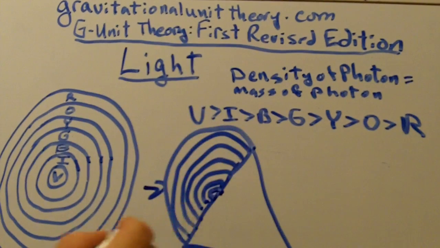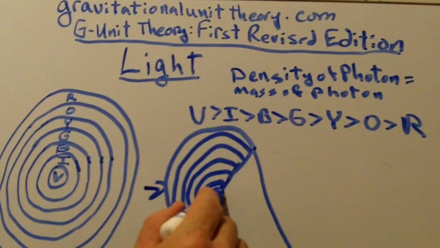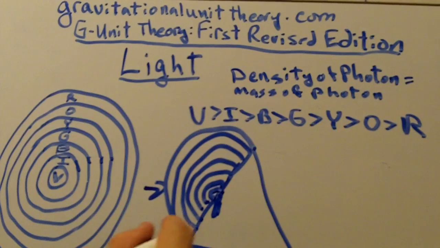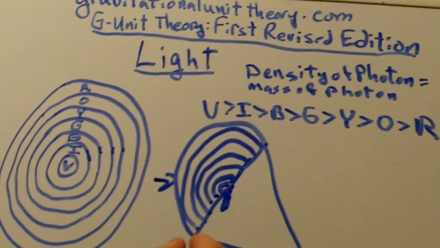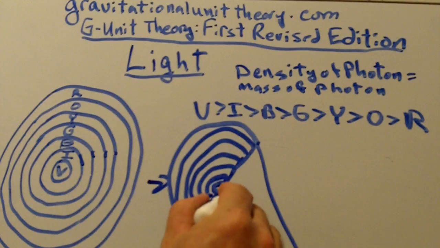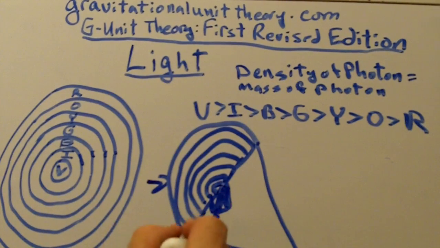The violet comes through first and bends the most because it's the most massive. And the next thing that happens, violet goes a little further down, and the indigo, a little bit off trajectory, comes into play like this.